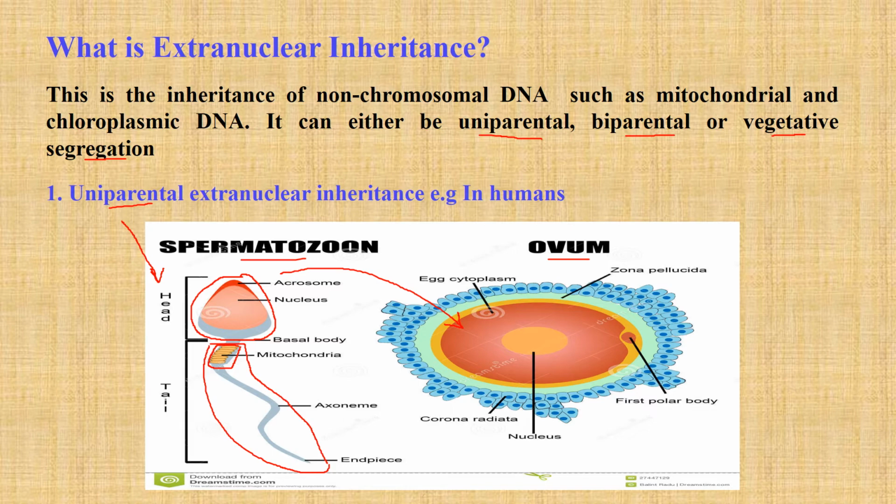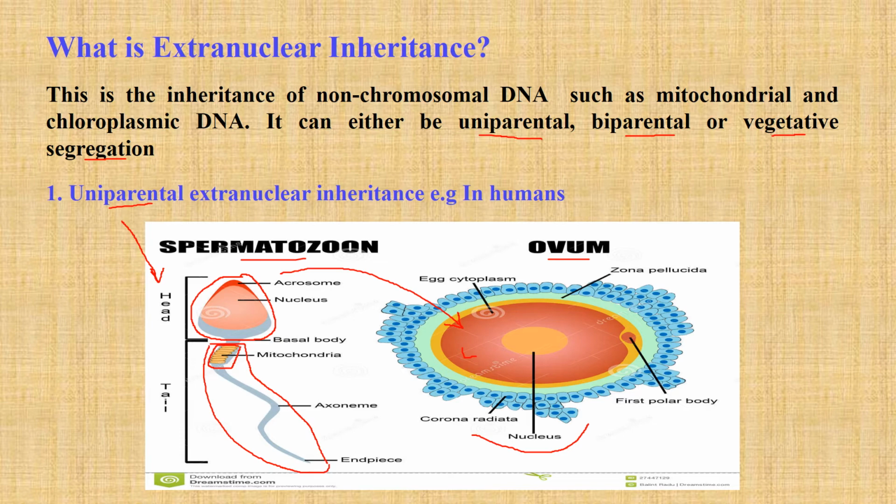So this means that the offspring generated from the fertilization of the head of the sperm cell and the egg of the female will only contain the mitochondria of the female. So the extranuclear or non-chromosomal DNA has only been contributed by one of the parents, so it is known as a uniparental extranuclear inheritance.